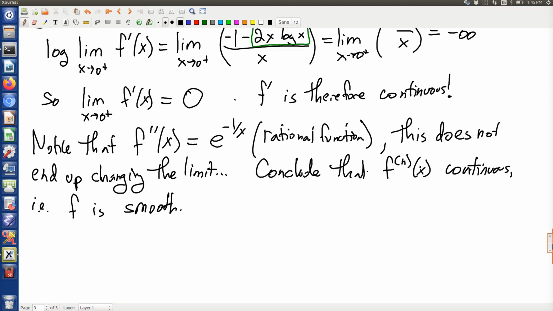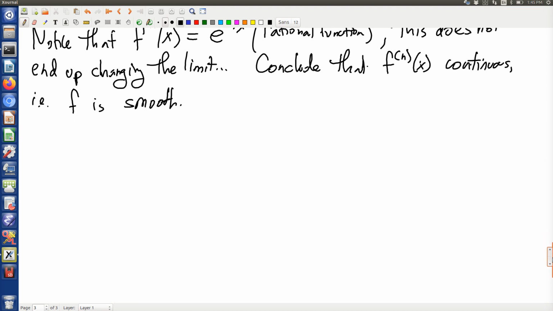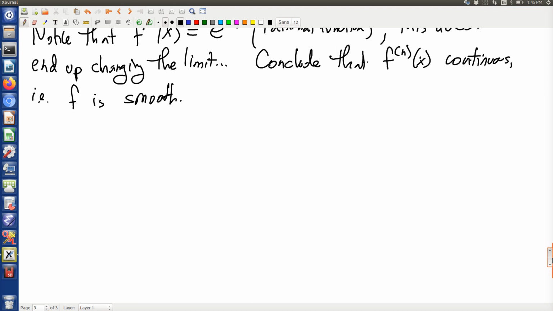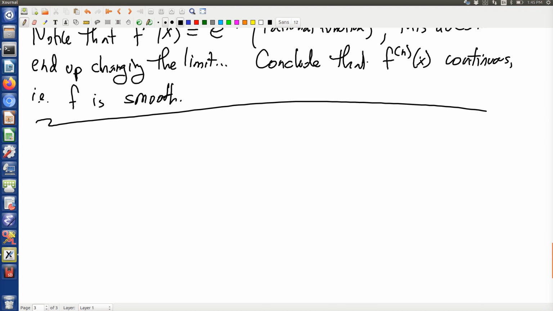Now, what this means then is we have a smooth function with no power series. Now, you might say, all right, this is some stupid counterexample. And to some extent, I suppose it is, although I have another video wherein I compute the Laurent series of e to the minus 1 over x. Not analytic, but it is analytic nearly everywhere except the origin.